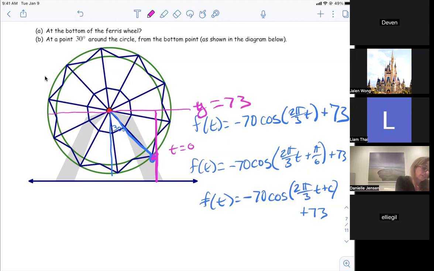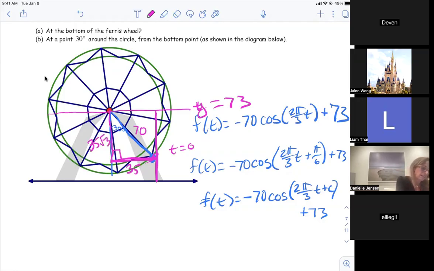I can create this right triangle, which is a 30, 60, 90 triangle, and I know my radius is 70. So opposite the 30 would be 35, and opposite the 60 would be 35 root 3.